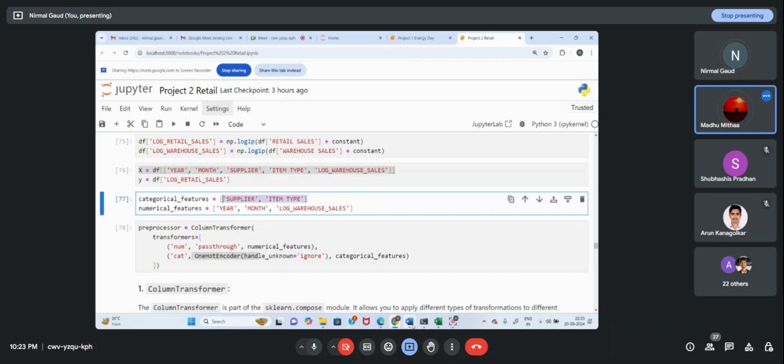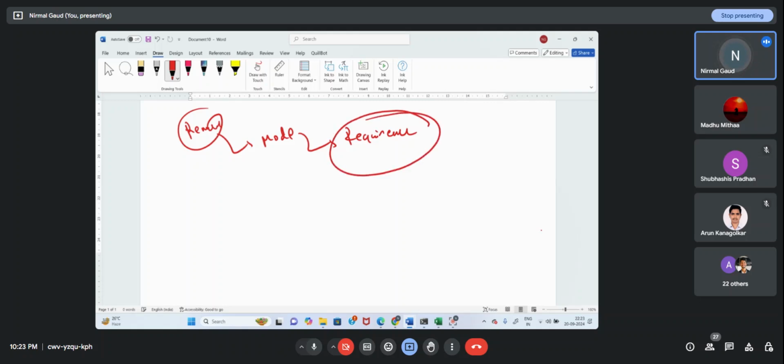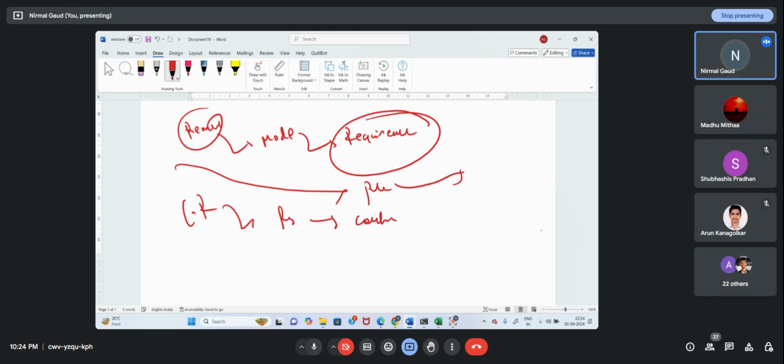Logarithm? Okay, fine. See, Madhumita, as I told in my project number 1 also, I am putting the remark that every model has requirements. We can't put the data directly into that particular model. That's the reason you do the entire pre-processing. So the linear regression model requires that the continuous features should be normally distributed. That is the assumption.